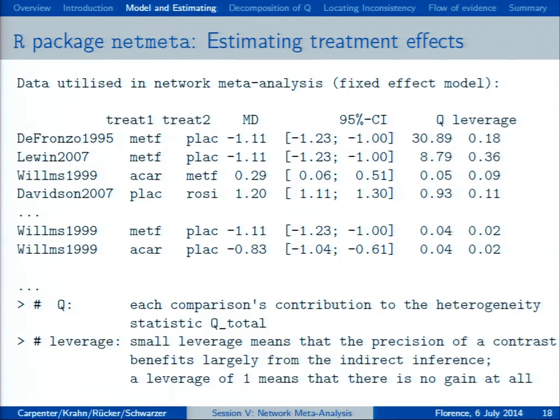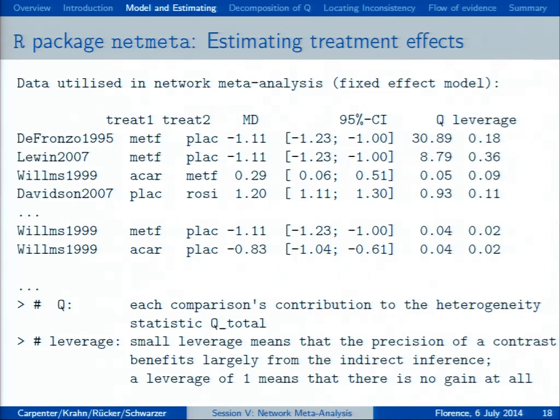So we have here a column with the mean differences estimated based on the whole network and the corresponding confidence intervals. The next column contains the contribution of each study comparison to the Q statistic of the whole network for assessing the heterogeneity.